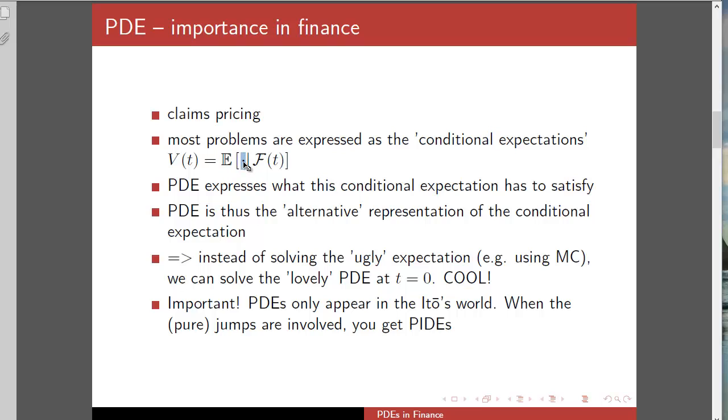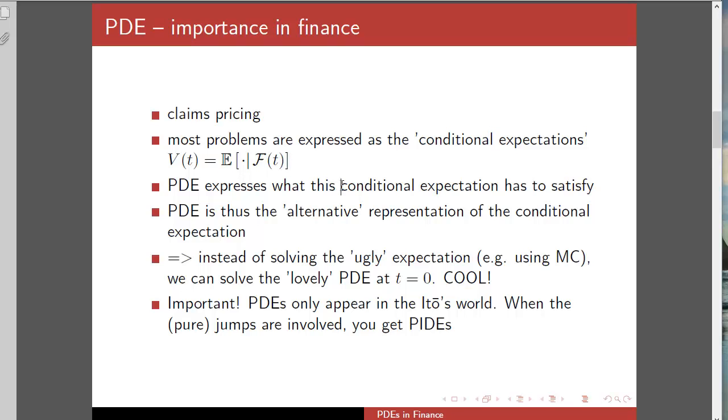It might be a payoff, it might be something more than just a payoff, and that's conditional on the current information that you have. Okay, so this is the value of the derivative or the priced asset, and it's equal to some conditional expectation. And the PDE actually captures what this conditional expectation has to satisfy.